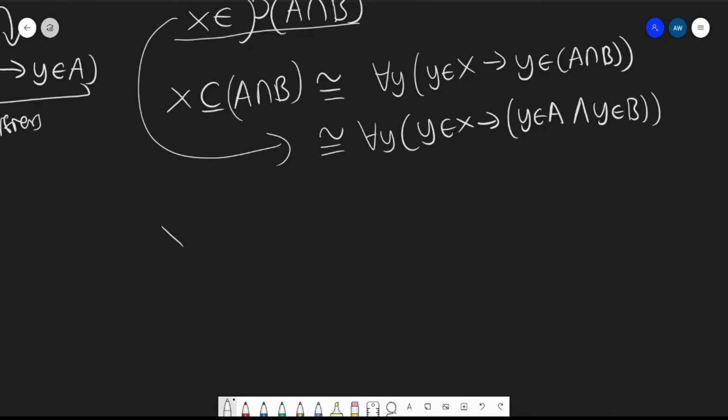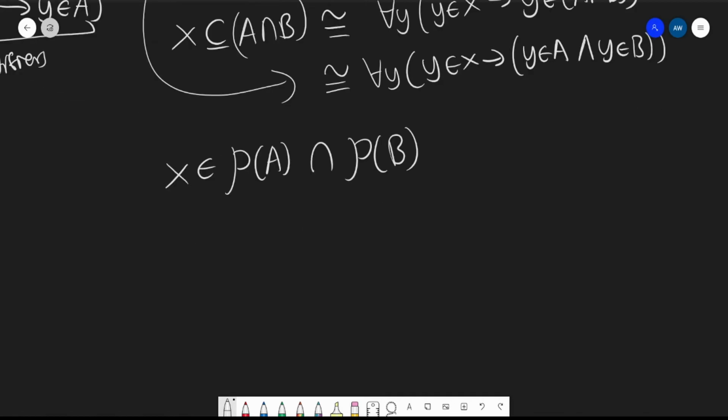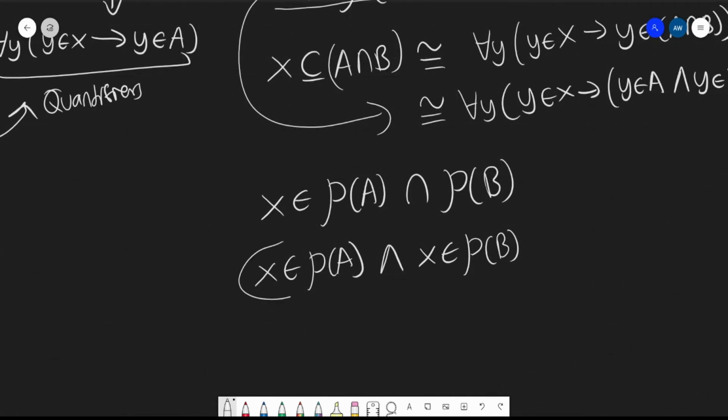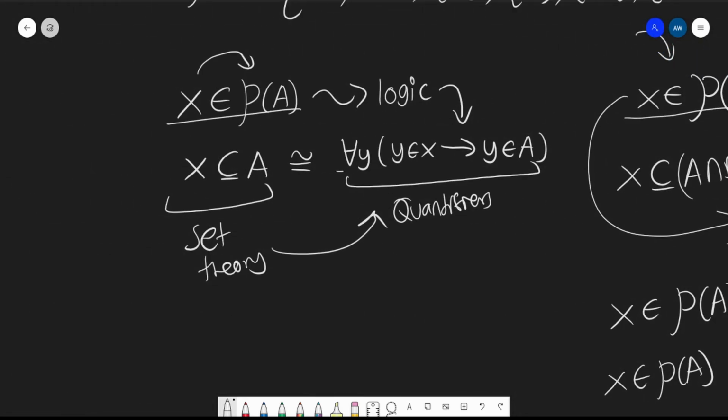What if we have instead x is an element of the power set of A intersect the power set of B? Well, let's just start. If x is in the intersection between P of A and P of B, this must mean that x is inside of P of A and it is also inside of P of B. And this guy over here, we've already translated before, right here. So we just have to copy and paste.